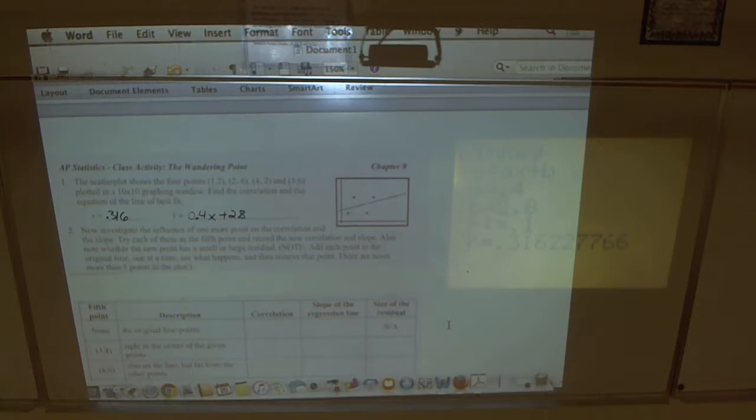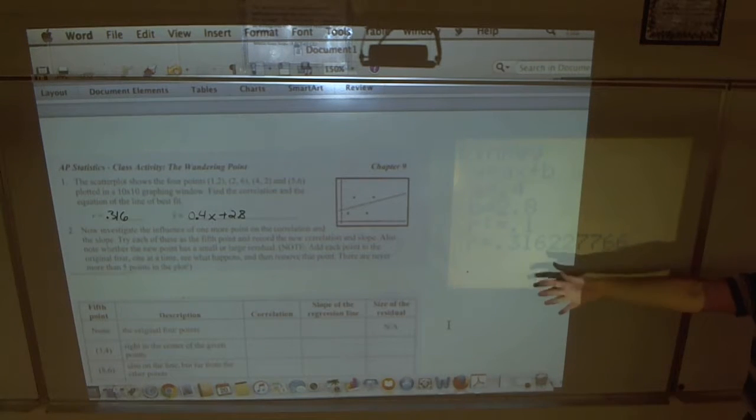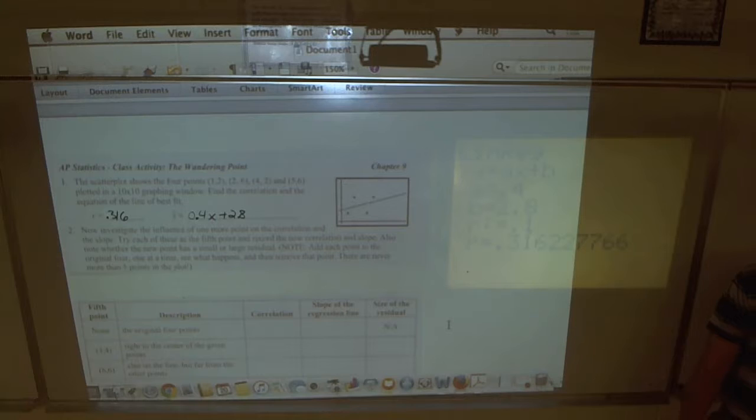So was Carson correct? You've got the next thing to fill out in your second row there, right? And the new r is, oh man, it's the same. Crazy. Did our actual line even change at all? It didn't change at all.